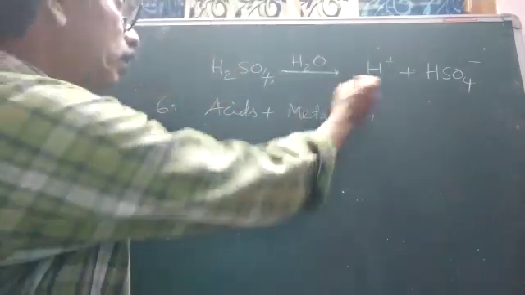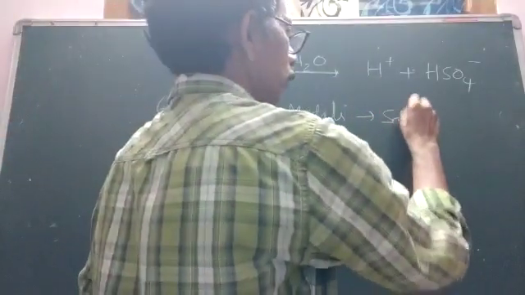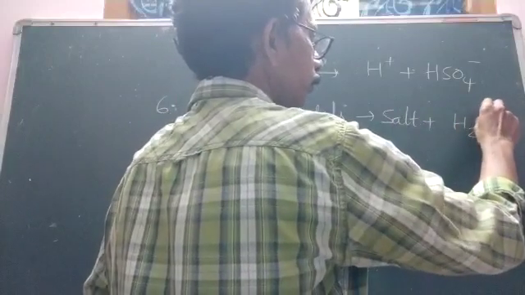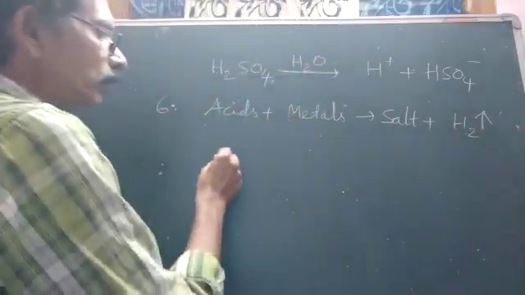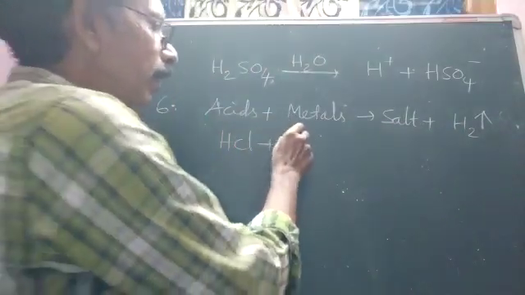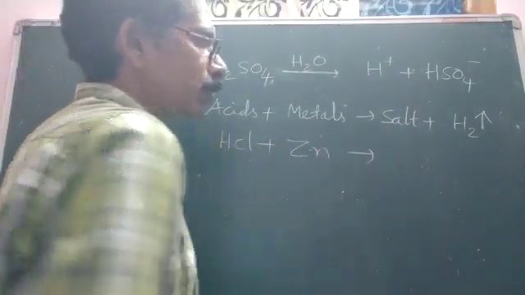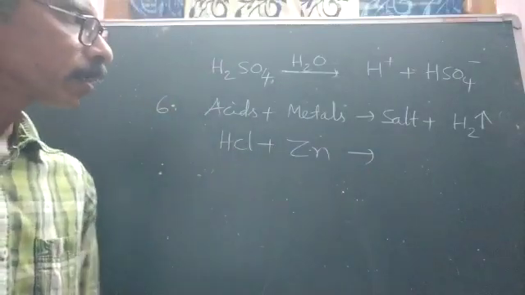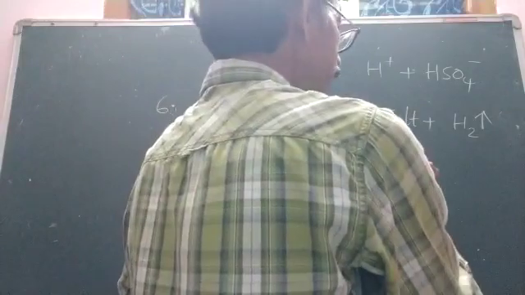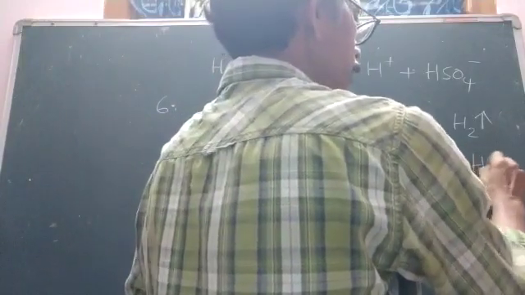For example, acid HCl, hydrochloric acid, combines with a metal like zinc to form zinc chloride and hydrogen gas. So ZnCl2 plus H2 gas.